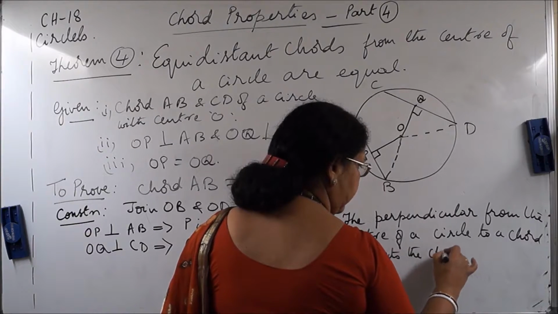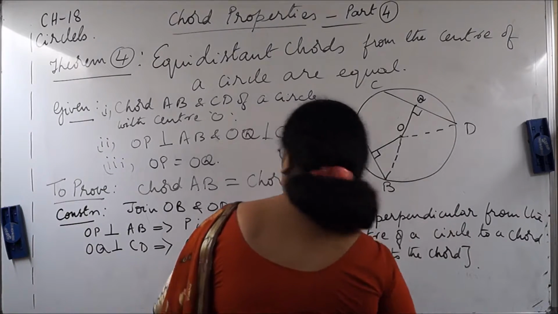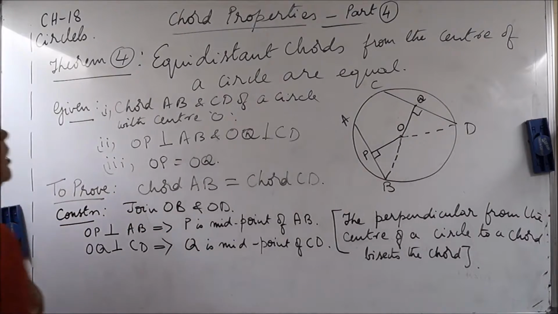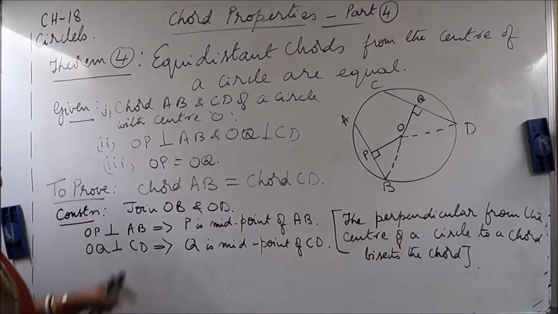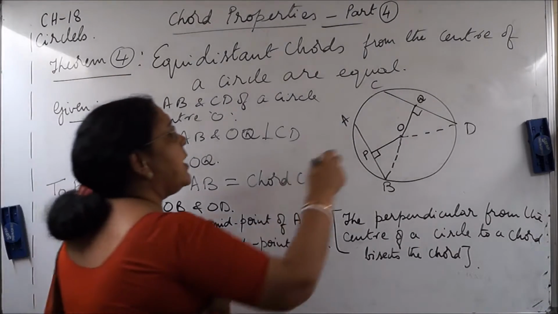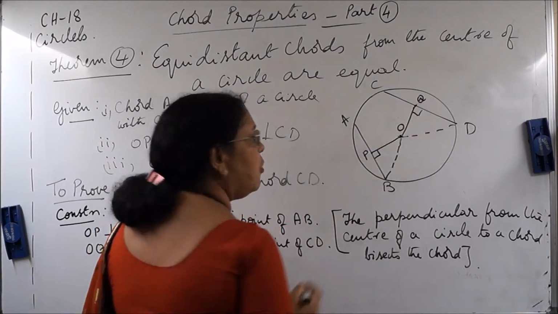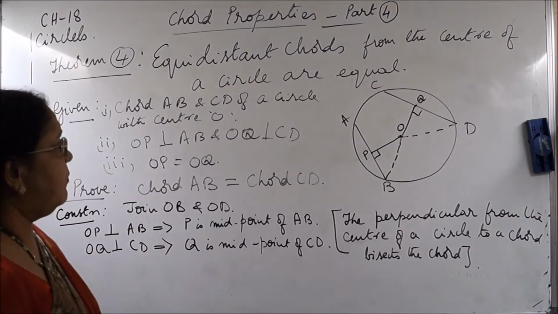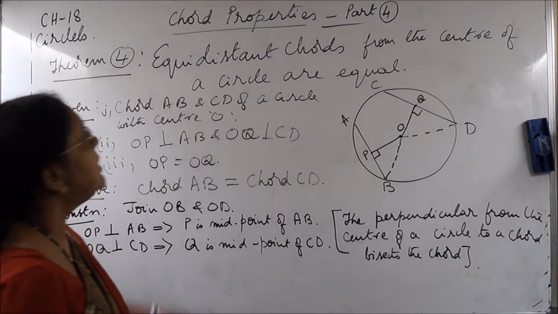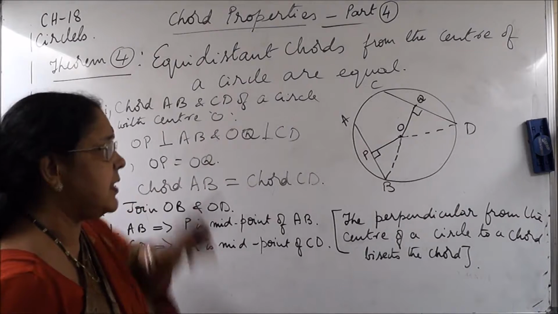Okay. Now, we also know that they are equidistant. So from that we know that OP is equal to OQ because it is given to us that they are equidistant chords.